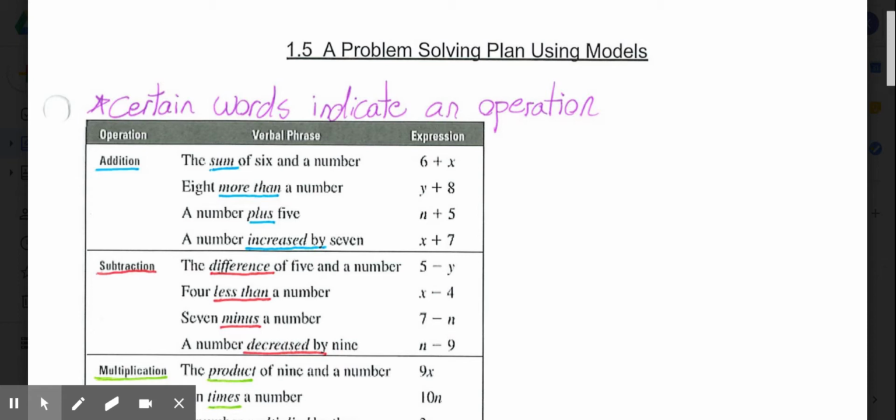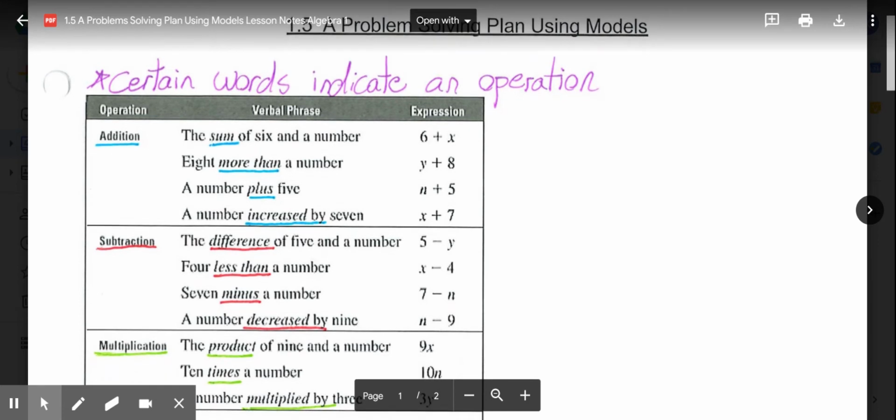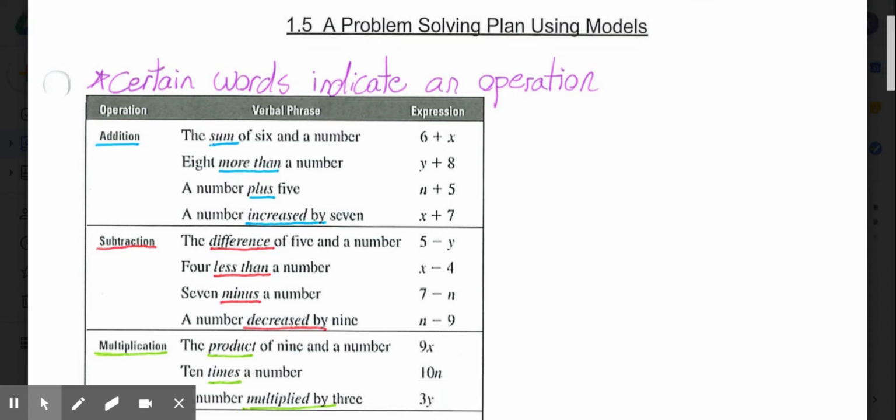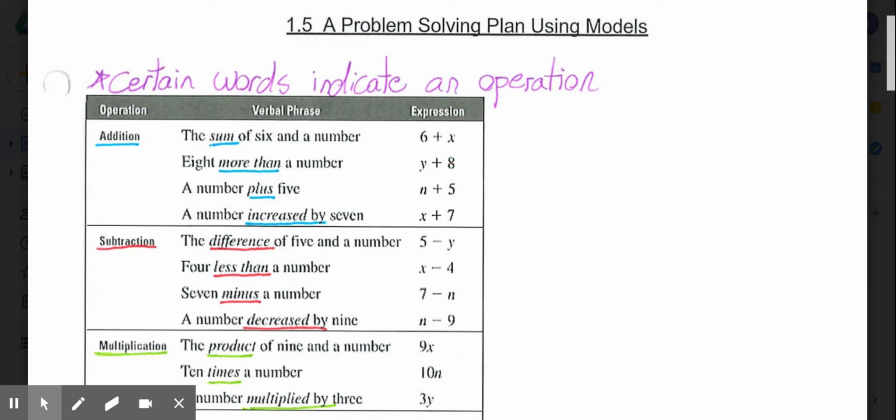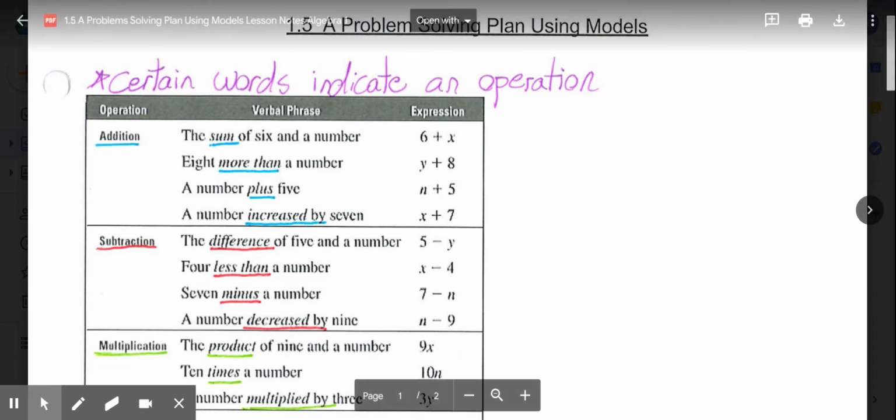There are certain verbal phrases or verb usage that help us understand which operation we'll be using. For addition, we could say something such as the sum of 6 and a number. So the expression would just be 6 plus x. Variable is a number, so you can use any variable when they say number, and sum tells us the operation of addition.